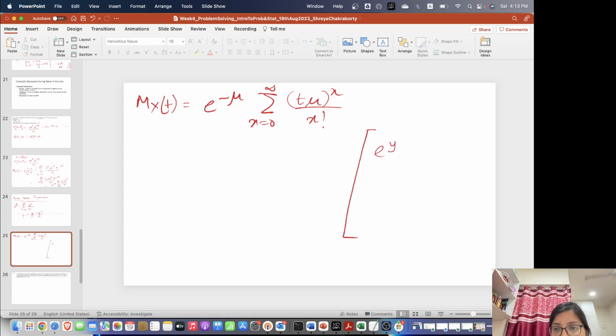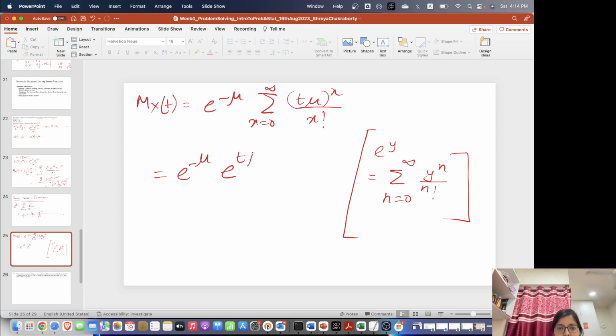Here instead of n we have x, and instead of y we have t mu. So this one we'll write as e to the power minus mu into e to the power t mu.